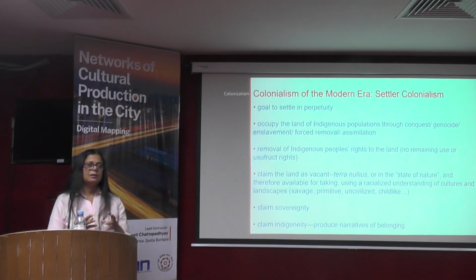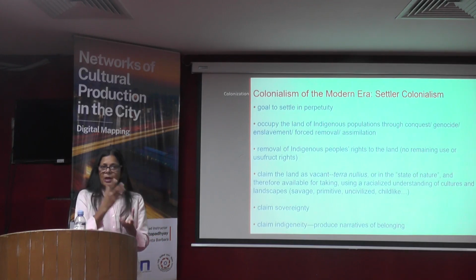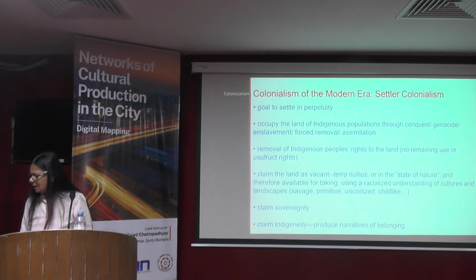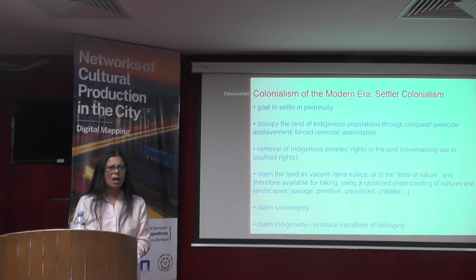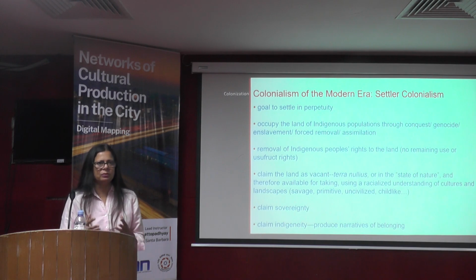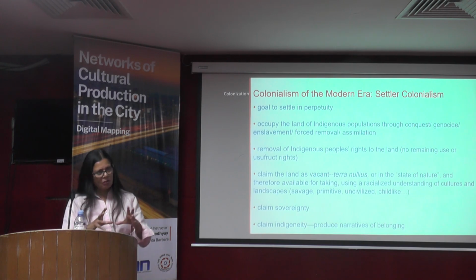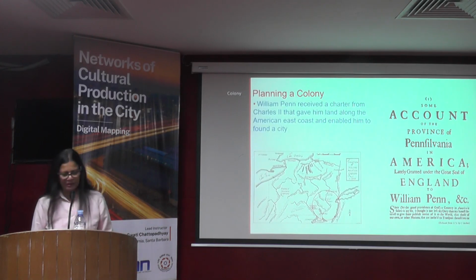In one way or another, all settler colonial powers do that. They might use that term or they might not. But how sovereignty is claimed, how the right to rule, in a very crude definition of sovereignty, the right to self-determination, is claimed in this land, and how cities are produced to ensure this claim.